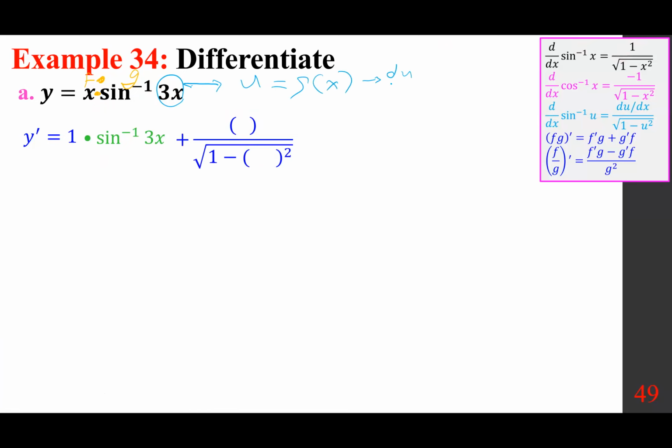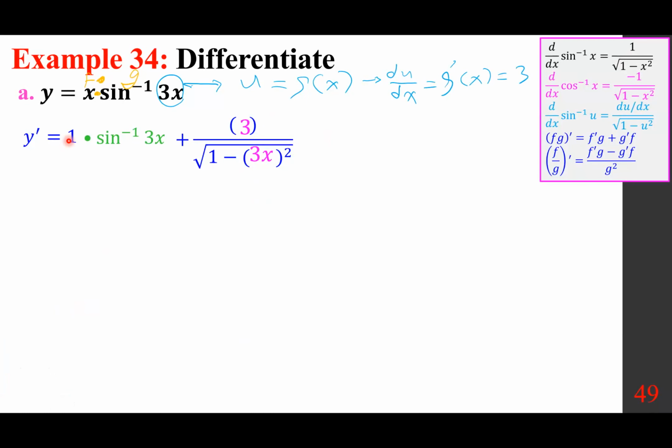Therefore, du dx or g prime of x is 3. So you can write it here or here, it doesn't matter. So this one, we put 3x, this one we put 3. So we are done with calculus.